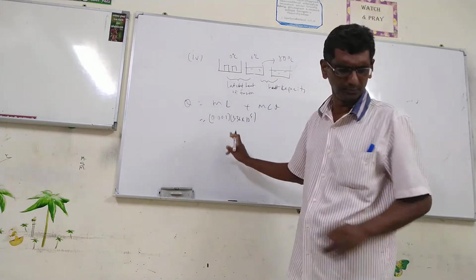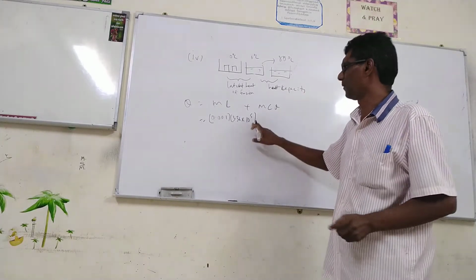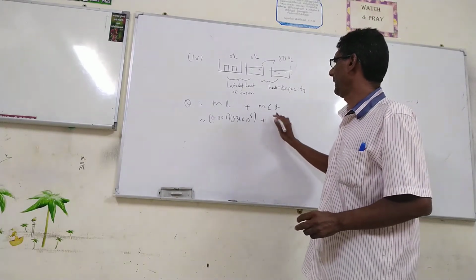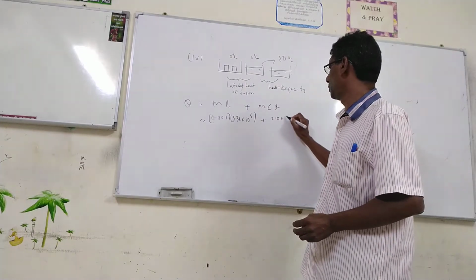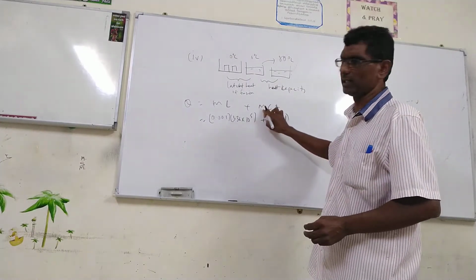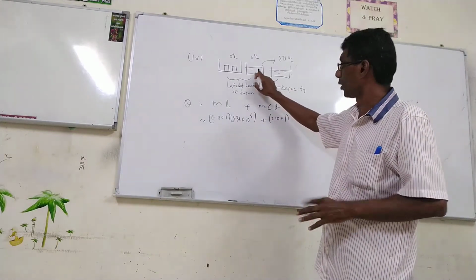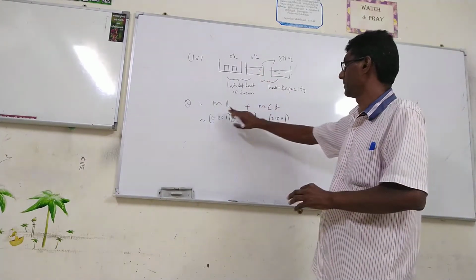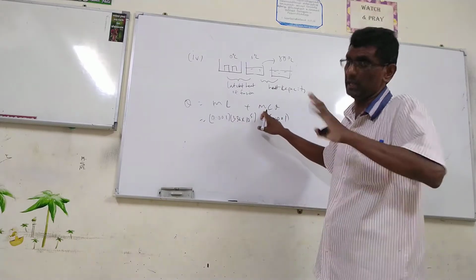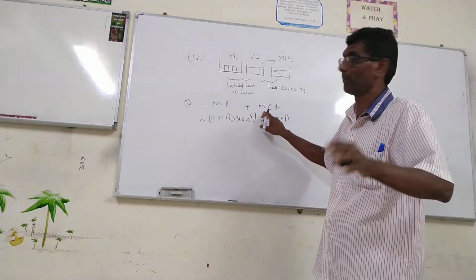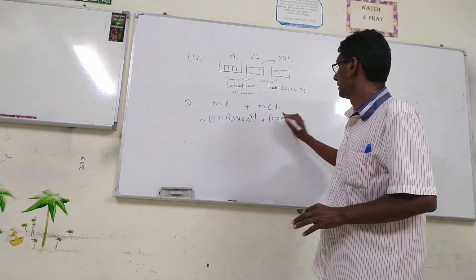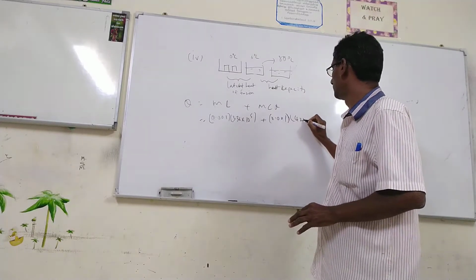Plus mc theta, with the same mass, 0.001 kg, 1 gram. And c means 4200.